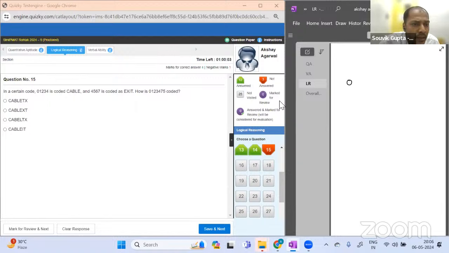Okay, cable and exit में the only thing common is E, and the 4 is also common. The position is also common. Clearly, it's a one-to-one coding. So 0 1 2 3 4 7 5 would simply be cable, and 7 is T, and 5 is X, cable TX.